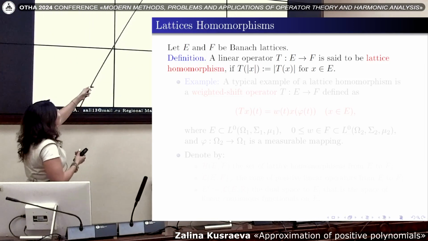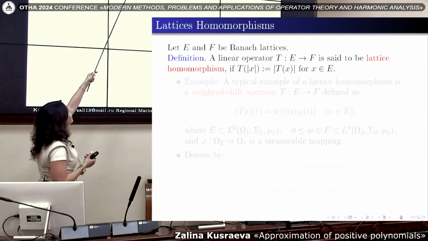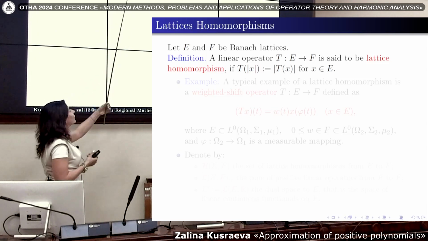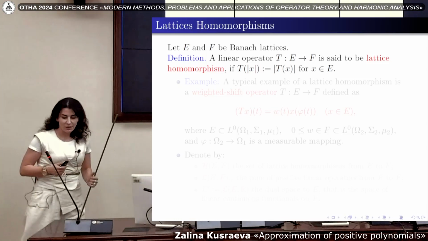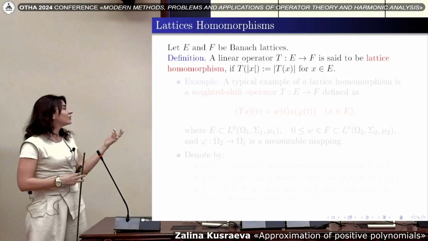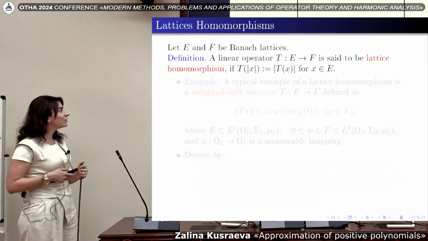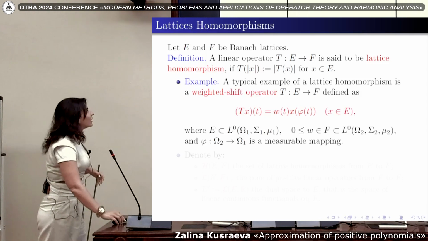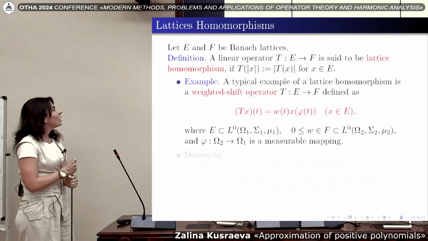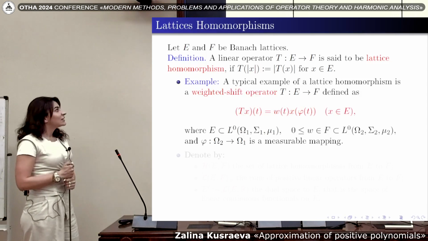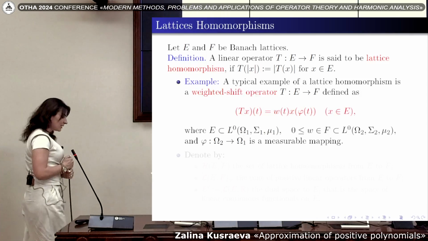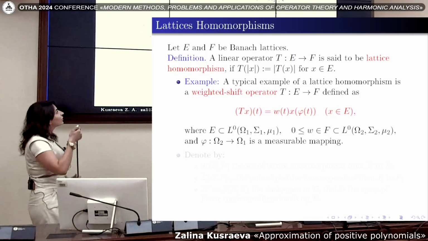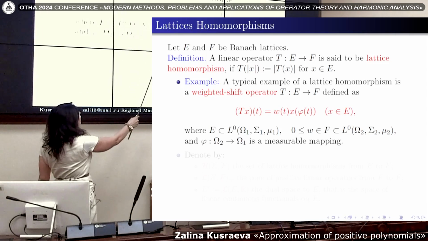Here I used one of the lattice homomorphisms. It is the modulus, the absolute value. But this definition looks not very difficult, yet it is not good for understanding. That's why I suggest an example, a typical example of a lattice homomorphism. It is a weighted shift operator, which is defined as follows.